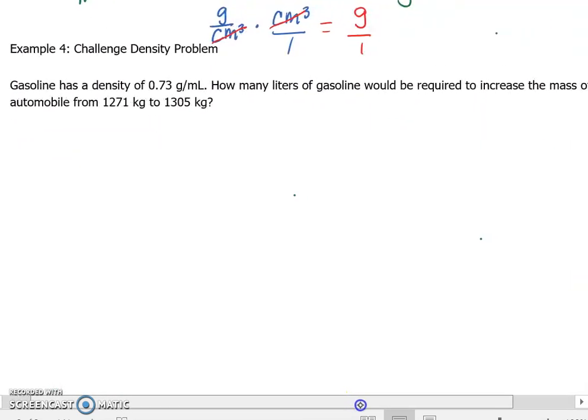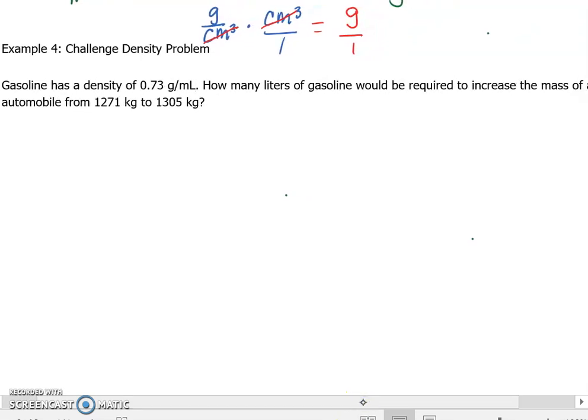Okay, so it says gasoline has a density of 0.73 grams per milliliter. How many liters of gasoline would be required to increase the mass of an automobile from 1,271 kilograms to 1,305 kilograms?